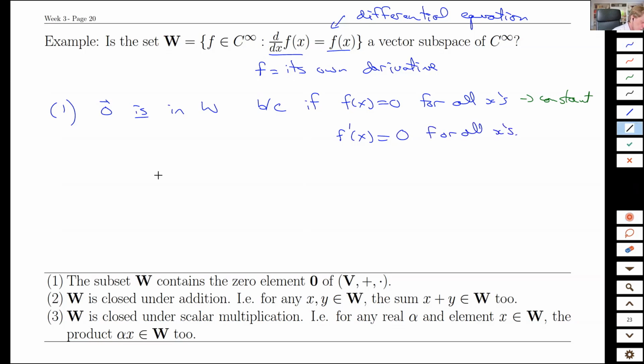Okay, if we can imagine drawing the graph, here's our 0 function, our 0 vector, which is equal to our f of x equals 0 function. Its derivative is always 0 as well. It's just that flat line over and over and over again.